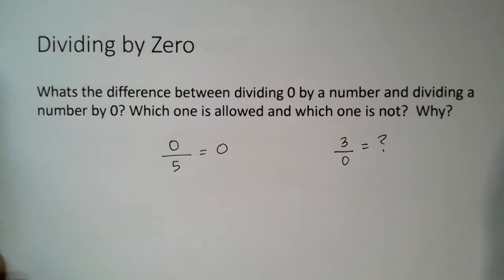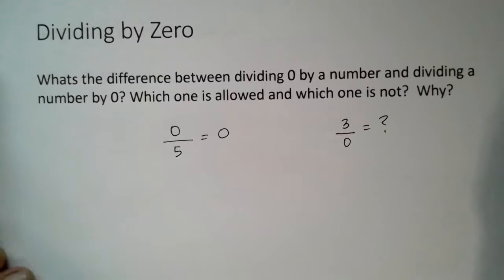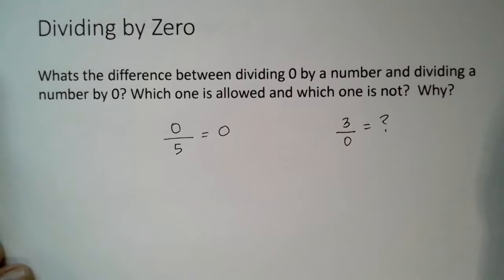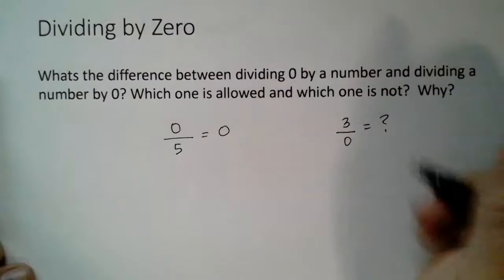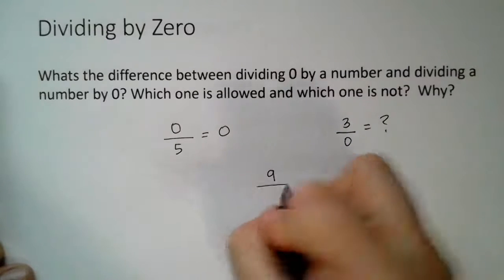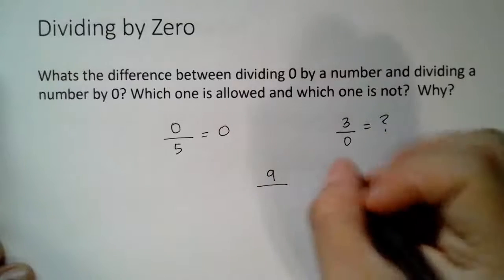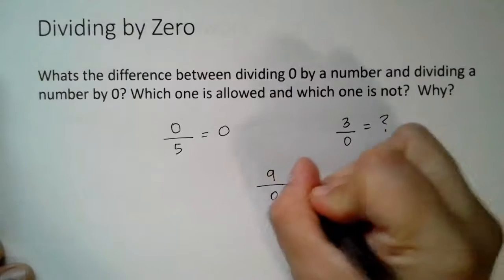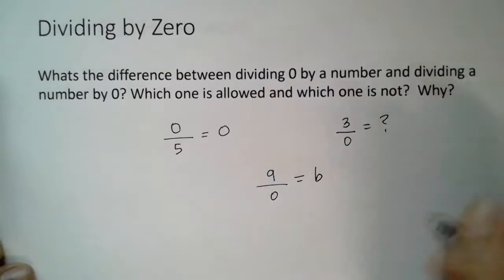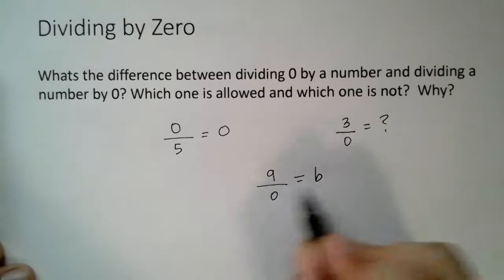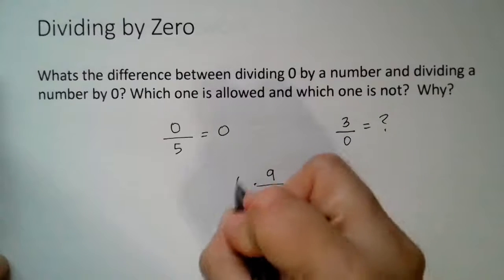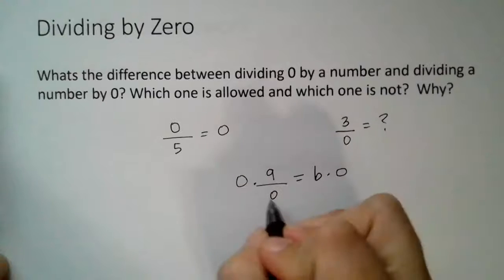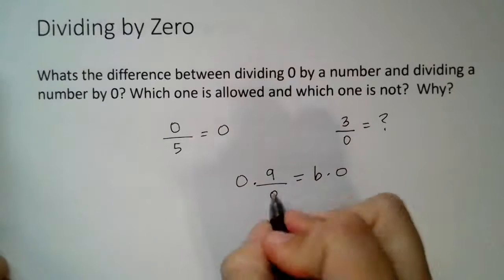So how can I prove this to you? Let's suppose that you can divide by 0. Let's take some number a that's not 0. We're dividing by 0, and let's suppose that this exists. If this was true, then I could multiply both sides by 0 according to inverse operations, and I would cancel this out.